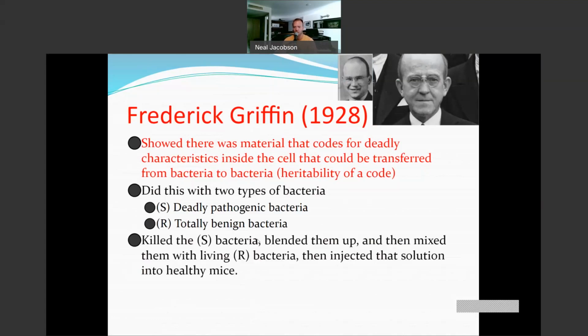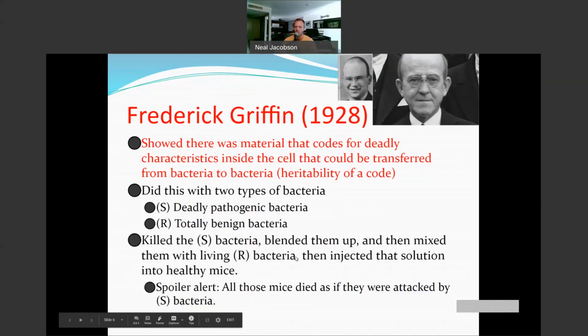And then after, he heat shocked it, and then he injected the remaining solution into healthy mice, and all of those mice died as if they were attacked by the deadly bacteria. Even though the deadly bacteria were all dead, just their DNA was in that solution, and the living bacteria picked it up, incorporated it into their own genome, and then they became deadly. They behaved as if they were deadly bacteria, and they killed the mice they were injected into.